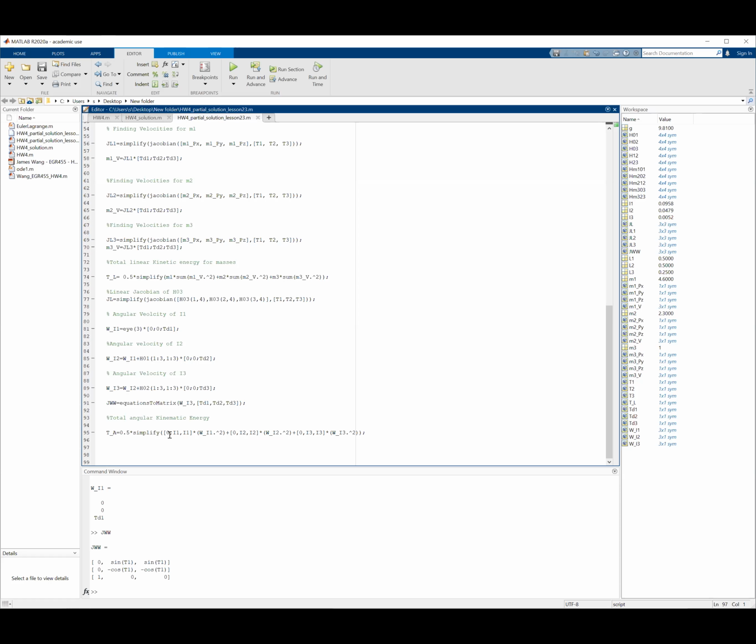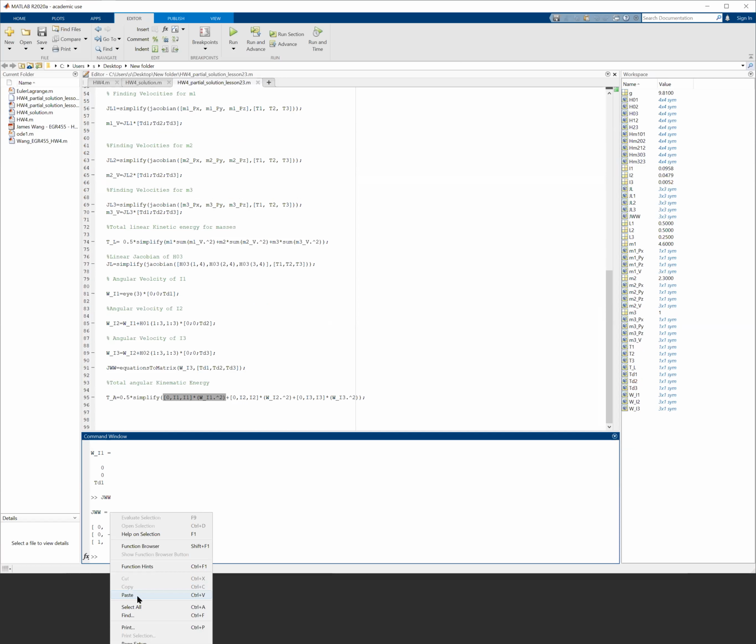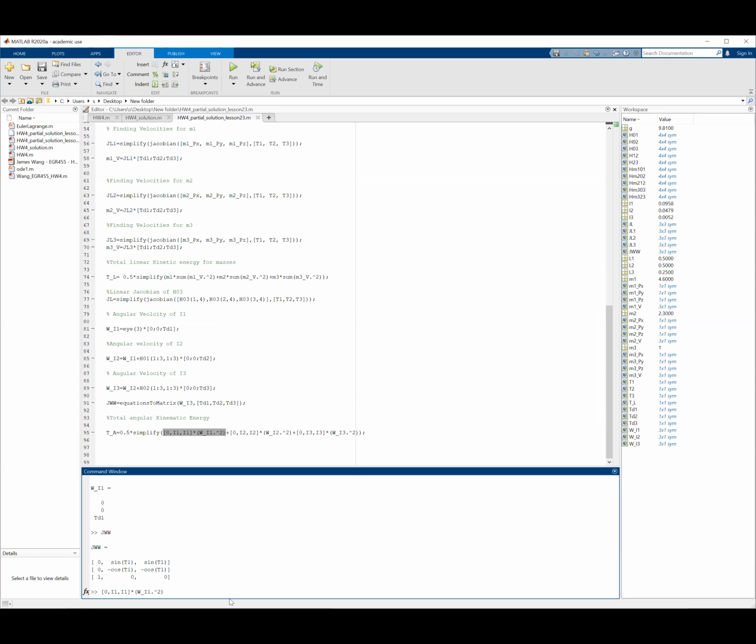If you want to just grab this, copy, I'm going to type it over here, paste, and evaluate. What happens is, this gives me 0 multiplied by omega x1 square, Iyy1 multiplied by omega y1 square, plus Izz1 multiplied by omega z1 square.